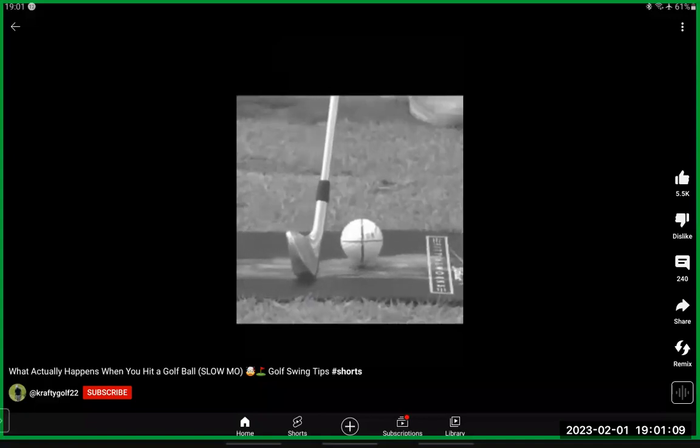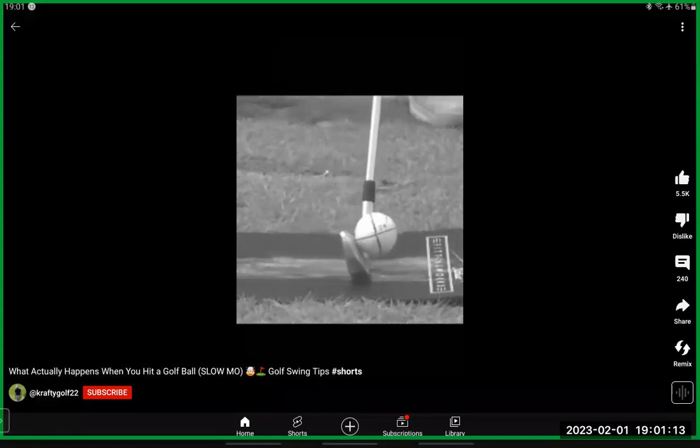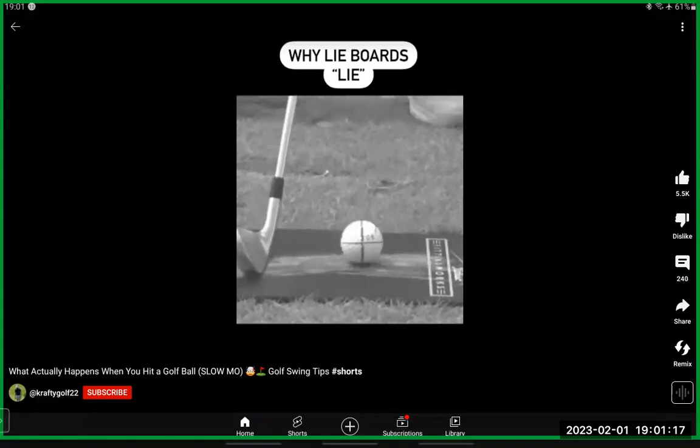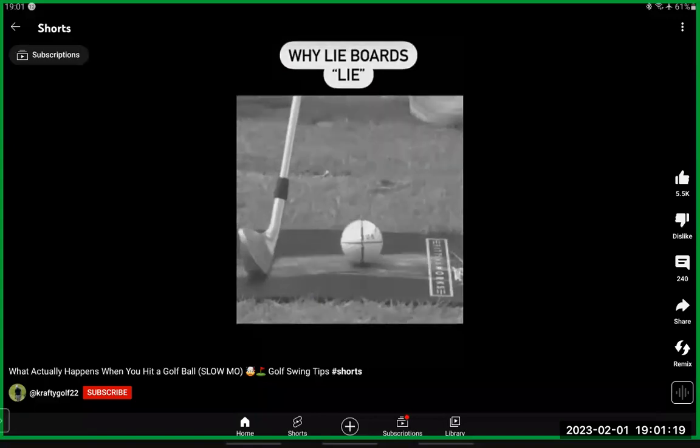Can you see it? Yes. Okay. Tell me if you noticed.